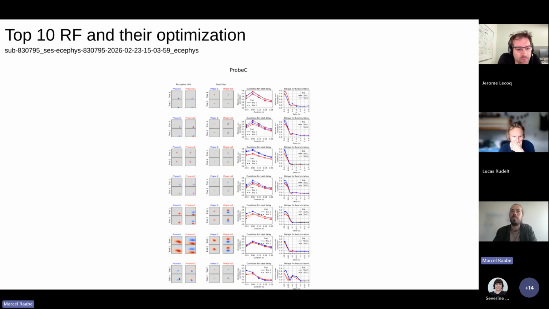The order of this plot is by the absolute maximum amount of correlation I'm finding, so basically the peak value. When you go down in this plot, the amplitude of the correlation goes lower and lower.